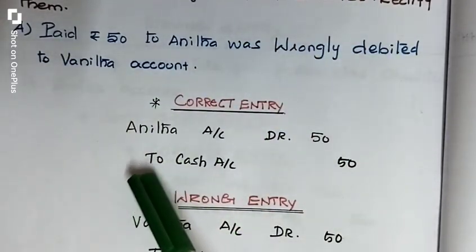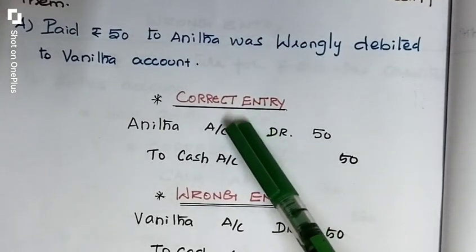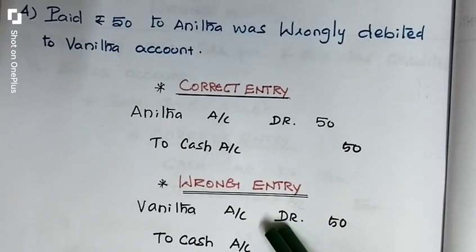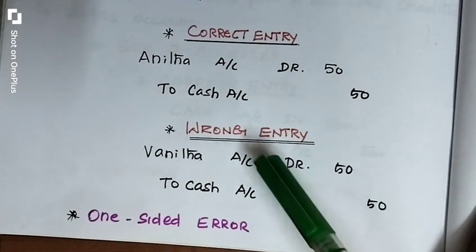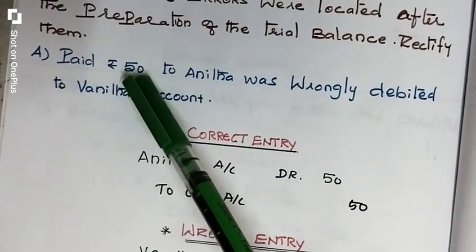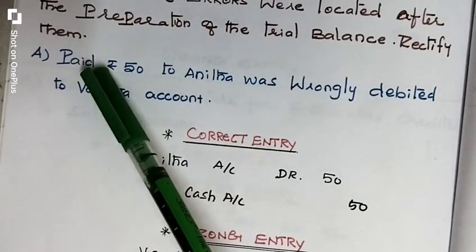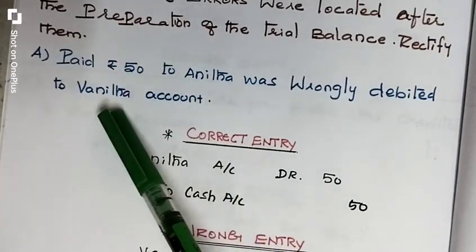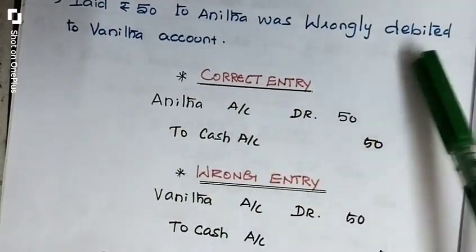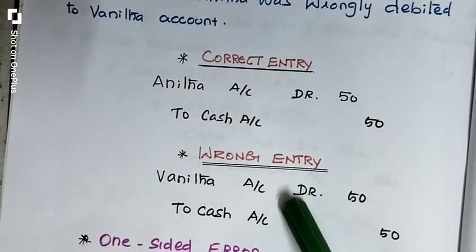The accountant considered it as paid 50 rupees to Vanita instead of Anita, and only then wrongly debited Vanita account. So this is the wrong entry.